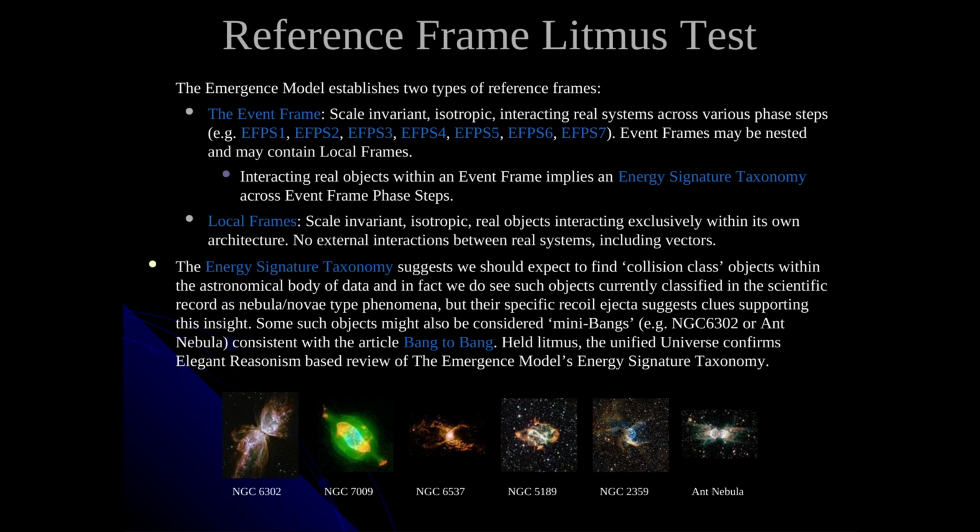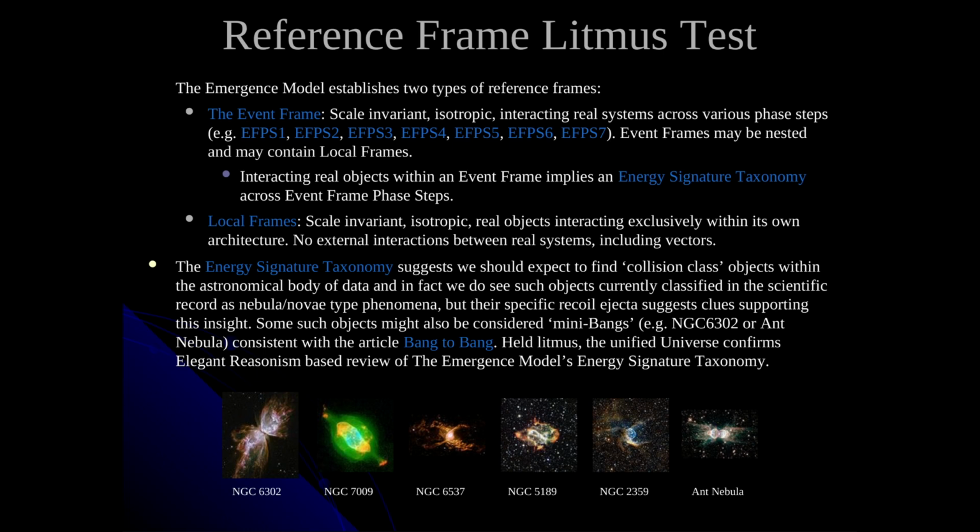Part of the analysis phase is the litmus tests. And if we look at our reference frame, the event frame and the local frame and the event frame phase steps, EFPS1 is the cascade towards severance. EFPS2 is analogous to what would be called the interval in M1. It's geodesic cruise in interstellar space, essentially, or space.